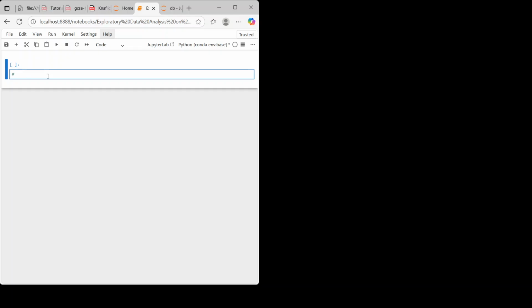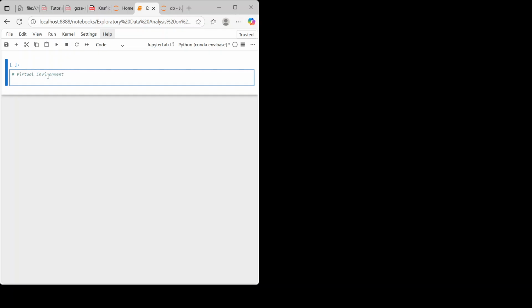So the reason why we create our environment is to make sure that you are able to separate this work from your other work so that it does not affect some of the dependencies, the libraries and all that, without affecting them.